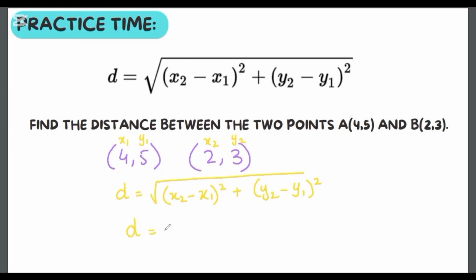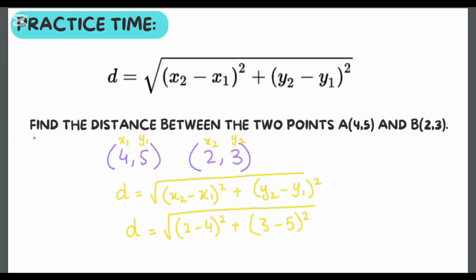d equals under root, x2 is 2, minus x1 is 4, whole square, plus y2 is 3, minus y1 is 5, whole square.